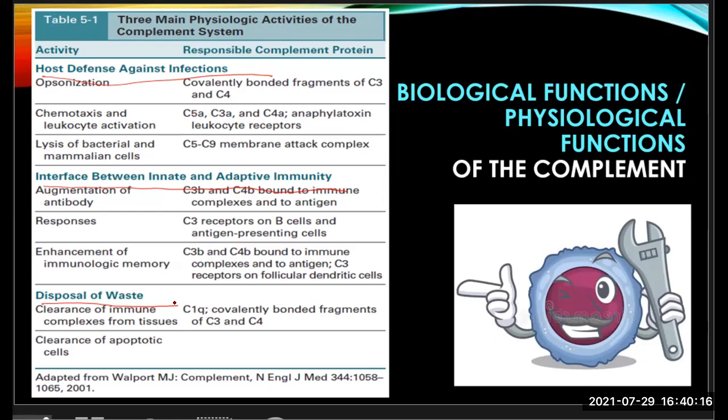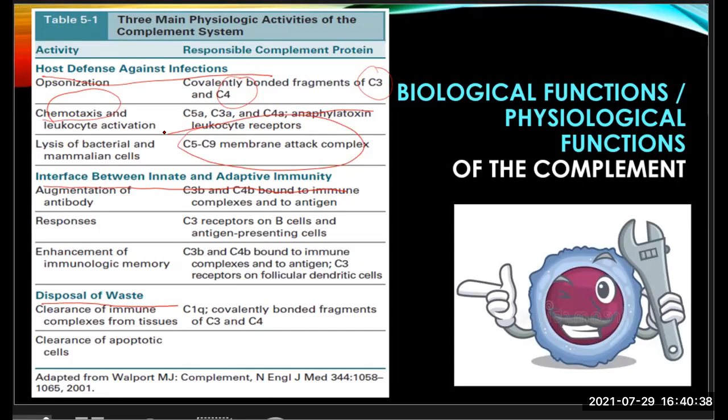Under host defense against infections, we have opsonization, as I said earlier, by the covalently bonded fragments of C3 and C4. We have the ones responsible for chemotaxis, C5a, C3a, and C4a, which are anaphylatoxins, and the lysis brought about by the MAC.